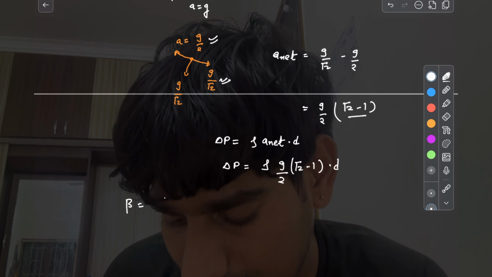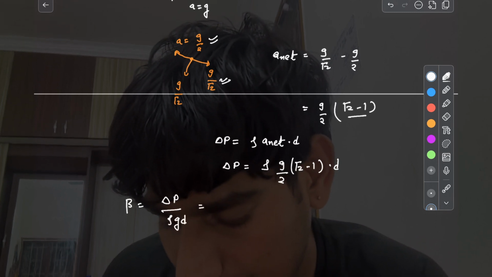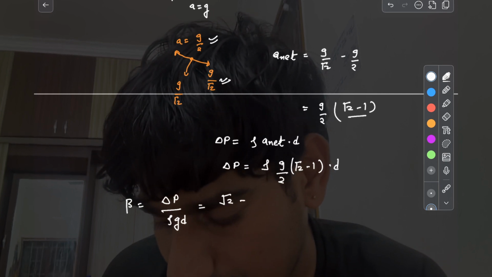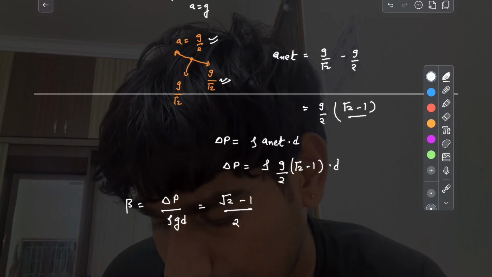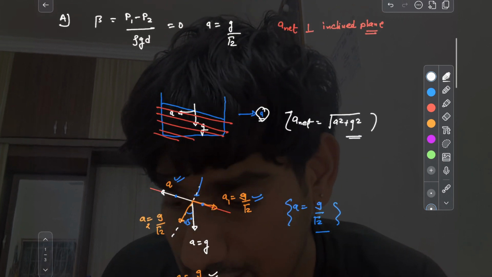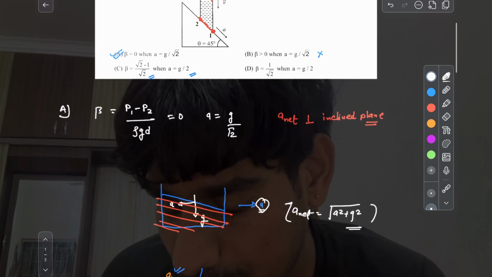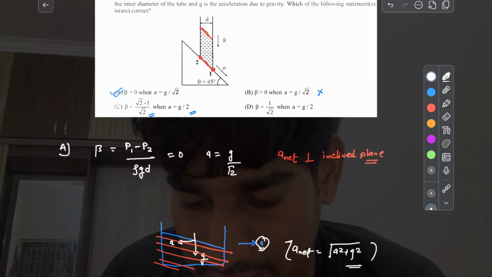Beta was given as delta P divided by rho g D. So rho g D will cancel out, and it is (root 2 minus 1) divided by 2. So the beta value is this when a is g by 2. So option C is also correct.